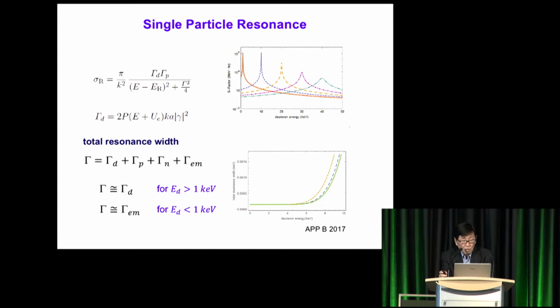Therefore, the total width reaches its maximum value and the resonance height will be the largest. Enhancement due to the threshold resonance is up to 7 orders of magnitude at just the threshold energy. If you have a resonance over here, the enhancement is 10 to the 7th.